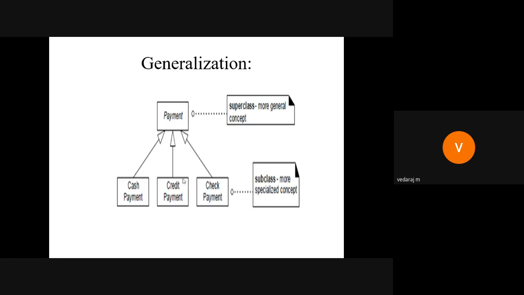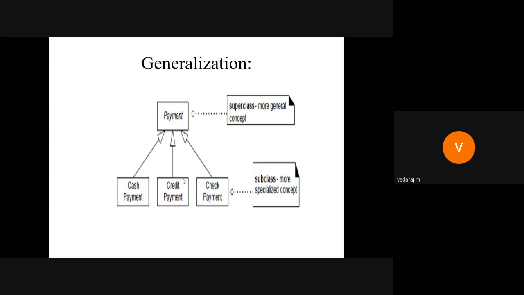Generalization is nothing but it shows the relationship between parent class and child class. The parent class is a more general concept. Payment is more general compared to the child class. The child class is more specific compared to the superclass. Cash payment is one of the specific payment types. Credit payment is one of the specific payment types.